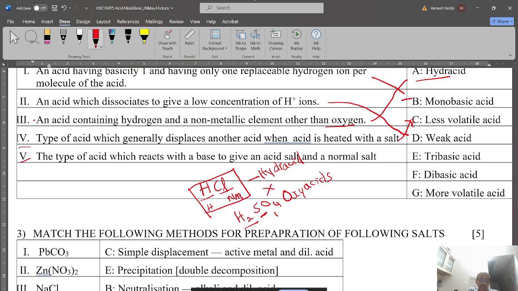That means this must be a dibasic acid, because a dibasic acid will give you two hydrogen ions. One hydrogen ion will form one salt, another hydrogen ion will initiate the other salt. So it must be a dibasic acid, which will give you the two salts.